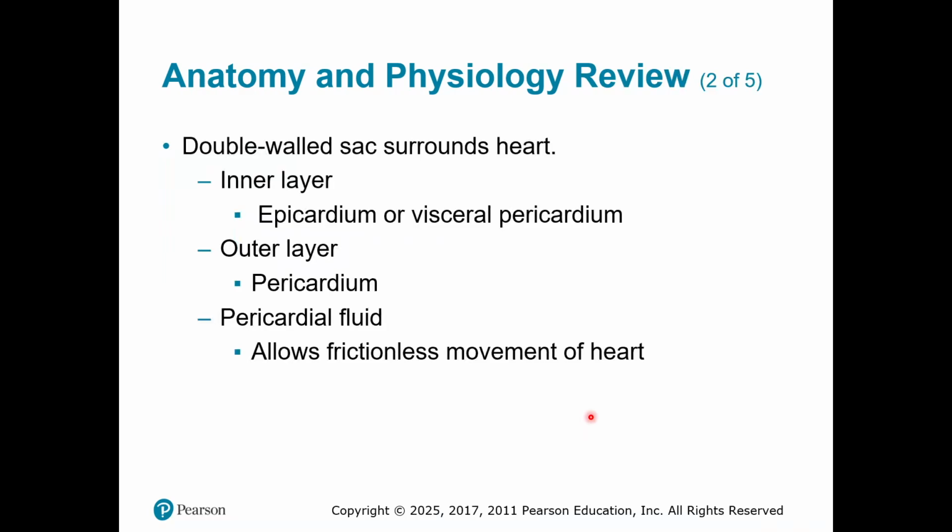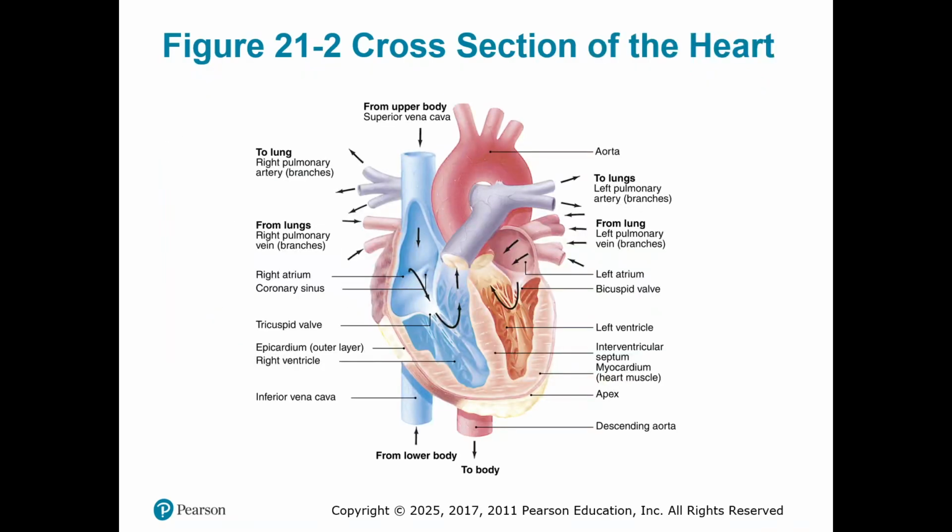Just looking at the heart, you really can't recognize it, but you most certainly can recognize it should there be fluid there. And then you would need a pericardiocentesis to remove that fluid.